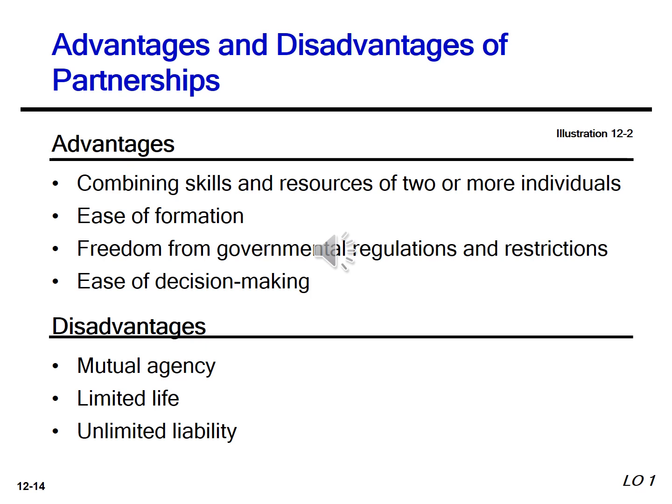And finally, it provides an ease of decision making compared to corporations. The disadvantages, on the other hand, are the mutual agency, the limited life of the partnership, and the unlimited liability.